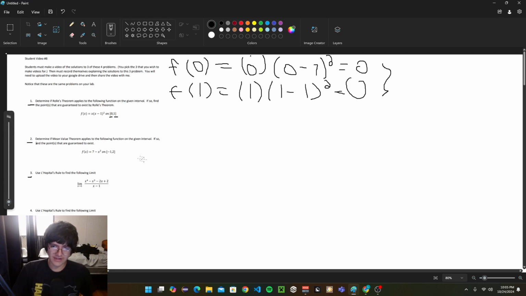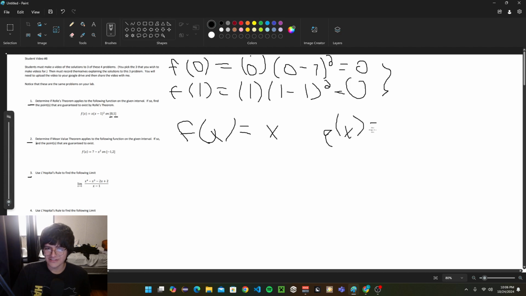Now, all we have to do next is we're going to find the derivative of our original function. So that is just x times x minus 1 squared. So our f of x is equal to x, and then our g of x is equal to x minus 1 squared.